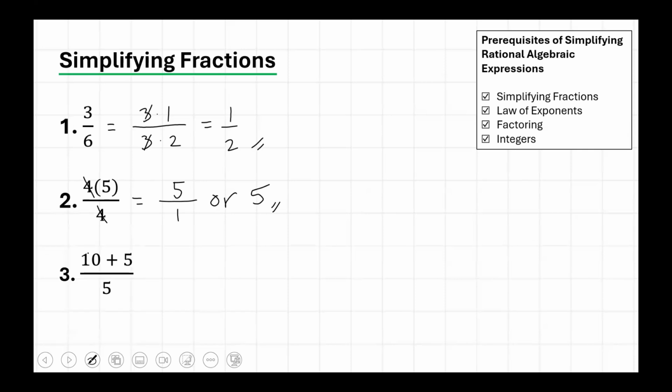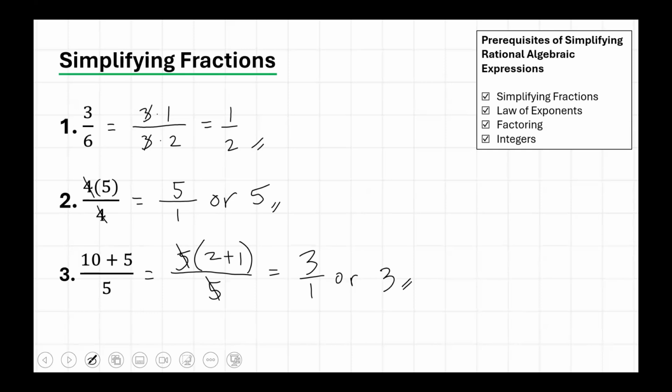If you can remember your factoring of GCF, then we can see that 5 is still the GCF of 10 and 5. So we're going to rewrite it as 5 multiplied by 2 plus 1 over 5. Now that we separated the 5 out of the 10 and 5, that's the time that we can cancel them out, which gives us 3 over 1 or 3.